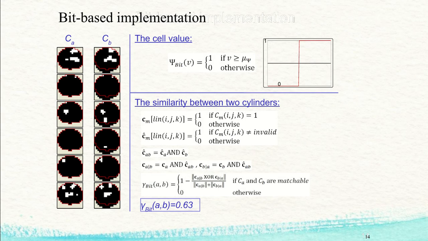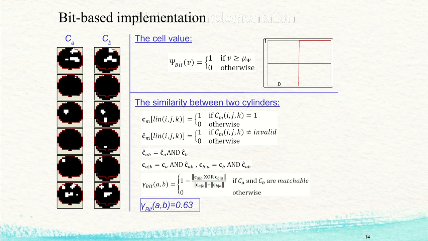In this slide we have a bit-based implementation of the Minutia Cylinder Code for matching two cylinders. As you have seen, when we calculate the cell value of a particular IJK cell, we get a value between 0 and 1 including the real point.